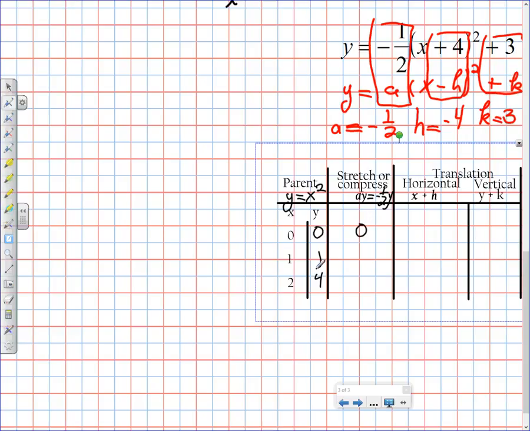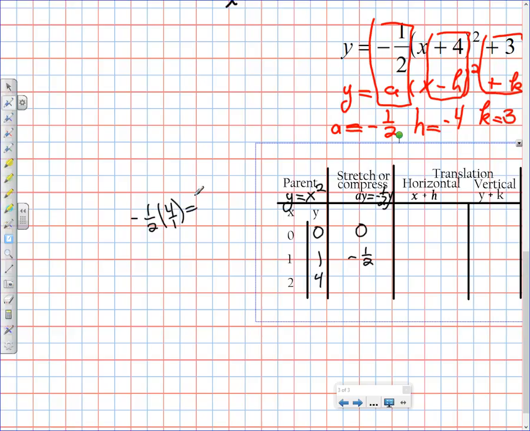Y is 1. Negative 1/2 times 1, anything times 1 gives you the same answer, negative 1/2. Now, negative 1/2 multiplied by 4. If that's a fraction, make this a fraction. Now you just multiply across.